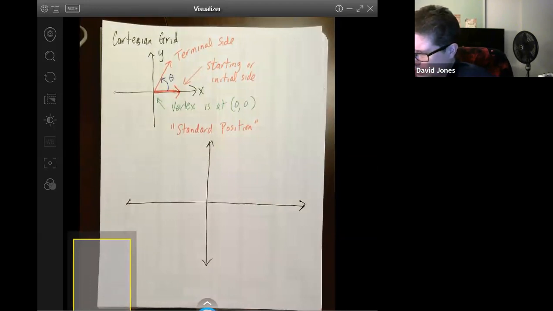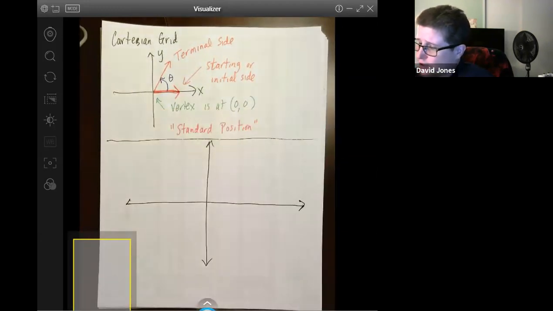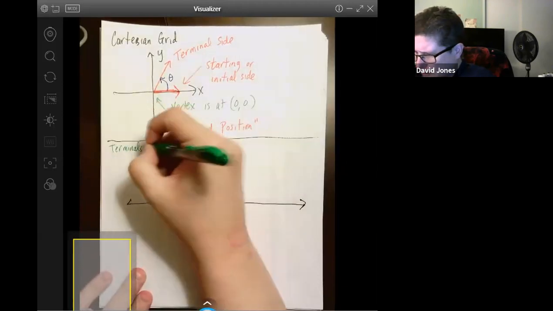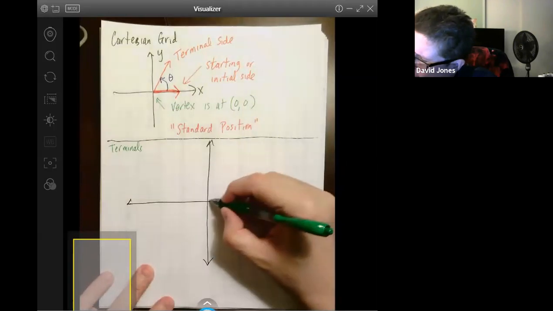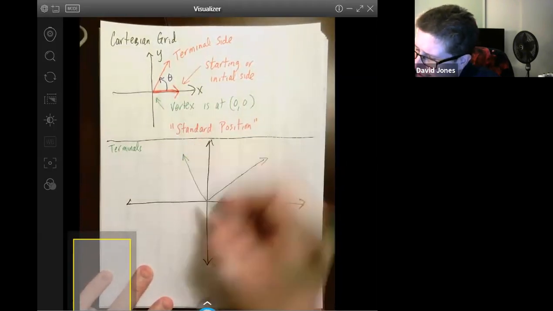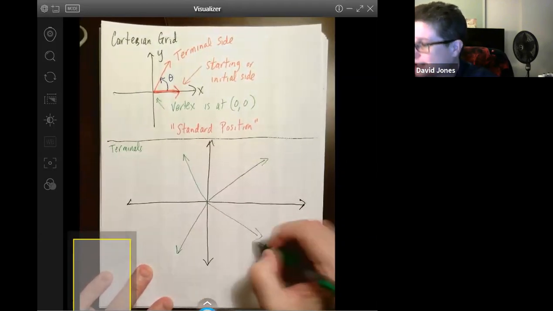So we're looking at terminal sides now. So, terminal sides. Let's say we have one in this region, one in this region, one in this region, one in that region.